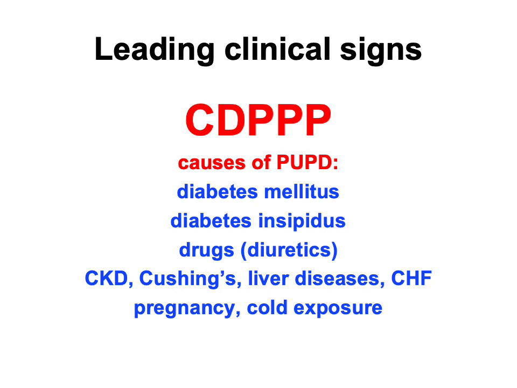They are diabetes insipidus or central diabetes, drug-related diabetes, chronic kidney disease, Cushing syndrome, many liver diseases, congestive heart failure, pregnancy and cold exposure, the most important causes of polyuria and polydipsia.